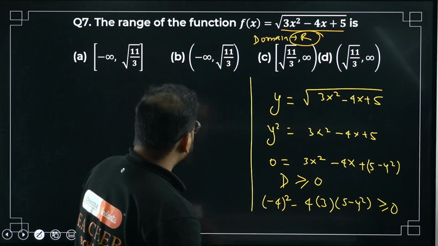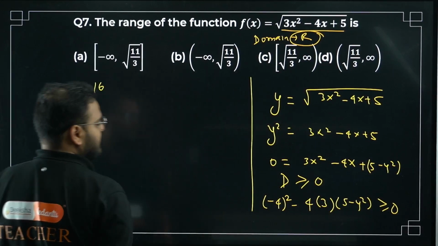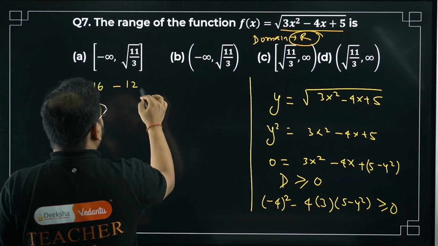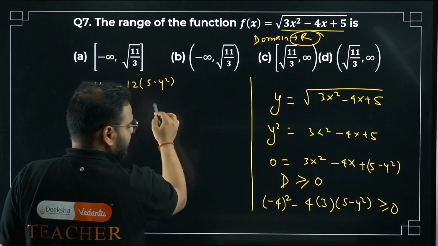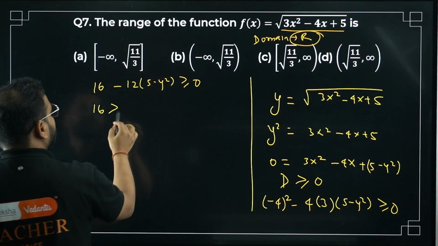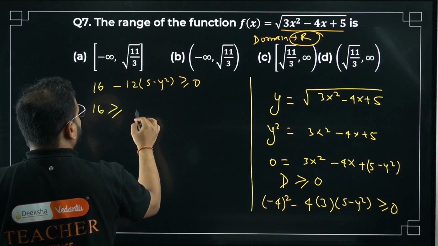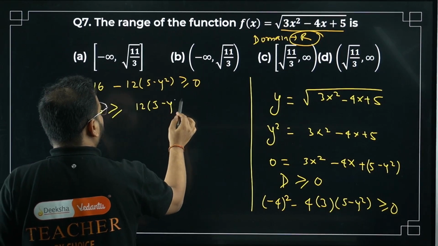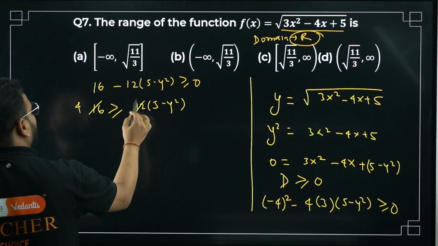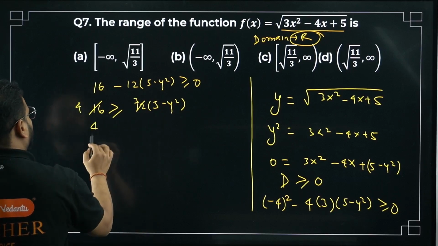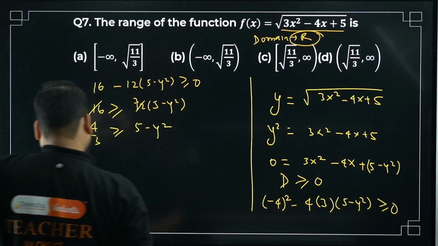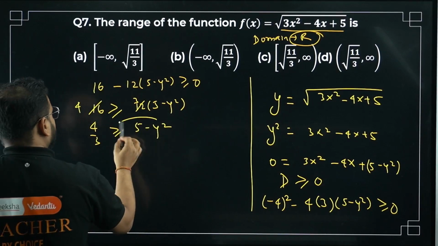So what you can do over here is, it'll become 16 minus 12 times 5 minus y square, greater than or equal to 0. Bring this on that side, it will become 16 greater than or equal to 12 times 5 minus y square. Cancel this, 4 fours are and 4 threes are. So I get 4 by 3 greater than or equal to 5 minus y square.